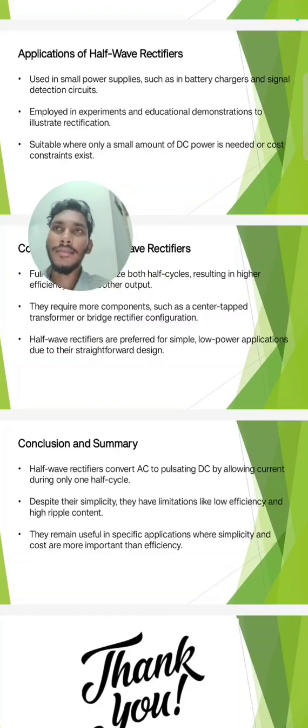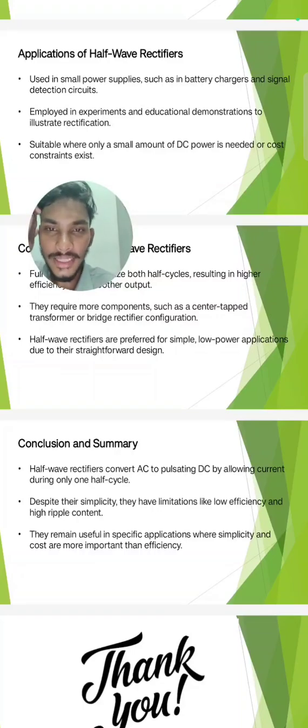As I mentioned earlier, which type is best depends on the purpose. For basic rectification, the uncontrolled half wave rectifier, because it's simple and low cost. If the purpose is variable DC output, the controlled half wave rectifier, that is SCR based, allows control over DC voltage using the firing angle.